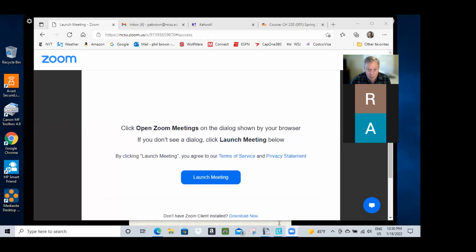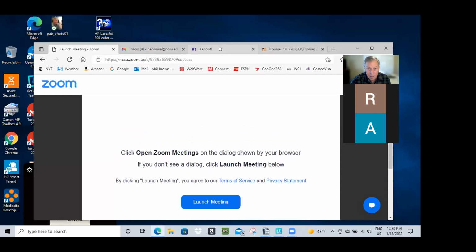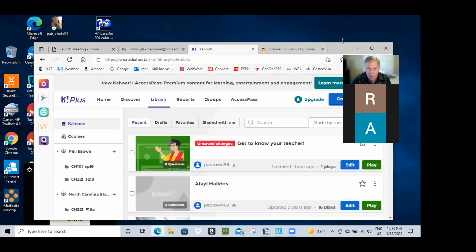There's my Zoom. There it is. Patience, patience. We'll get there. So many different toggling around here. Share screen, share, and Kahoot. Might have to minimize this for a second. Get that out of the way. Can't see everything. Too many windows open. Now I'll try to make this window big.